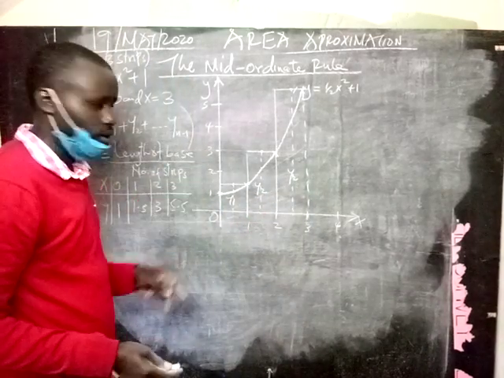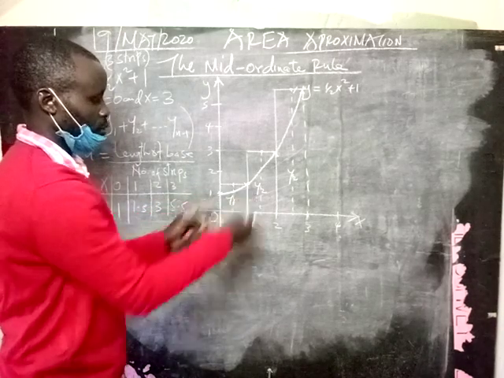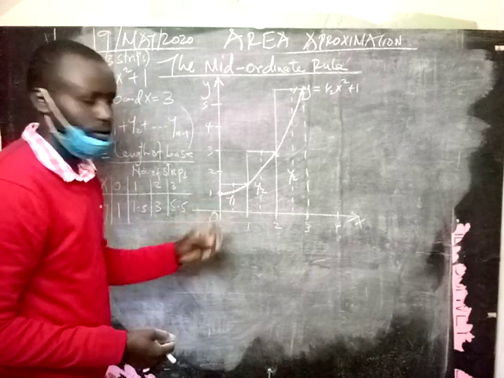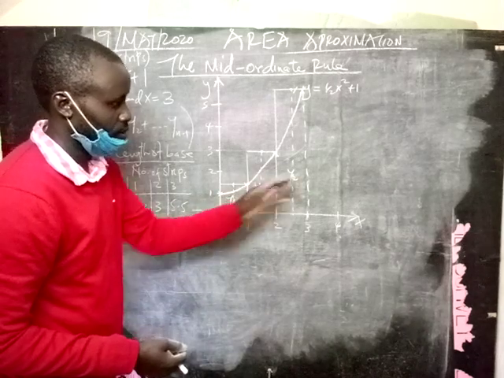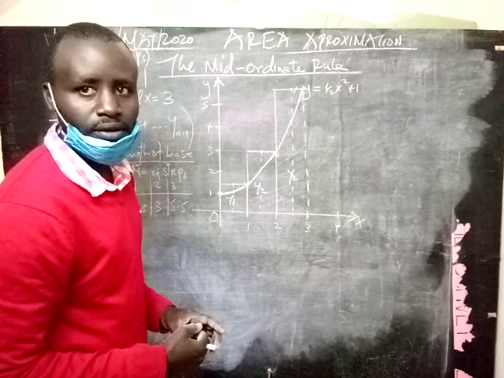Remember that in the previous one we were using the heights of the boundaries of every trapezium, but for this case we are on the mid of the trapezium. So you can see we have 3 strips.